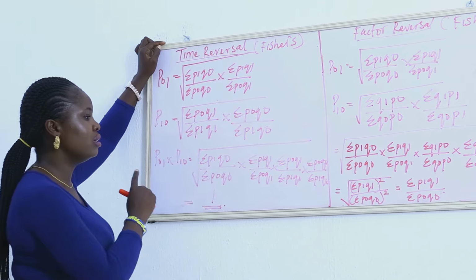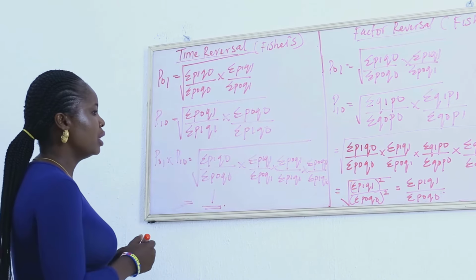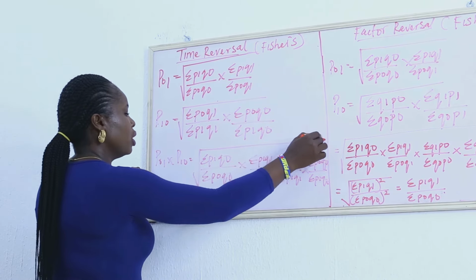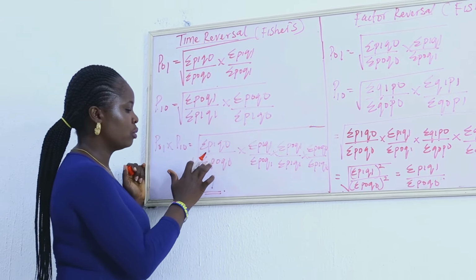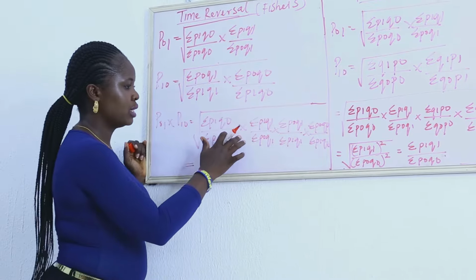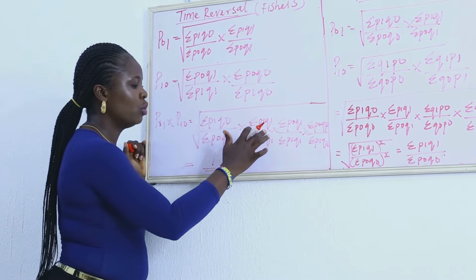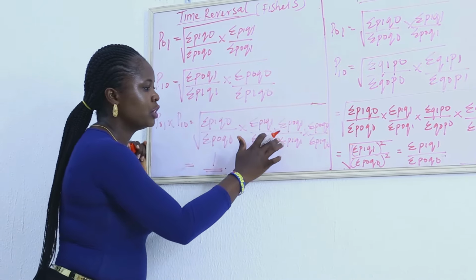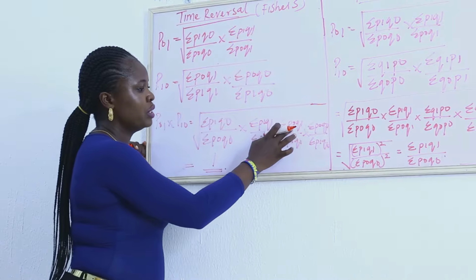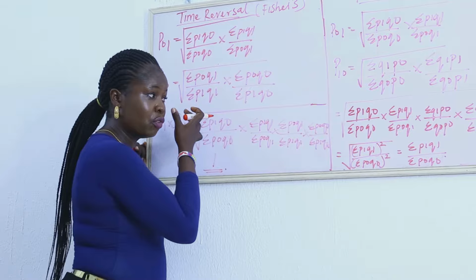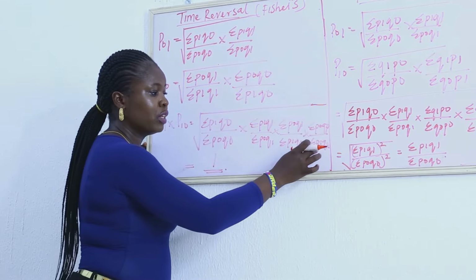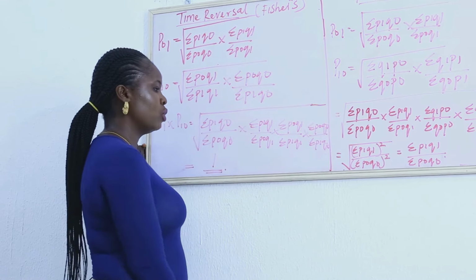So bringing the two formulas together under the square root, we have summation of P1 Q0 all over summation of P0 Q0, times summation of P1 Q1 all over summation of P0 Q1, multiplied by summation of P0 Q1 all over summation of P1 Q1, multiplied by summation of P0 Q0 all over summation of P1 Q0.